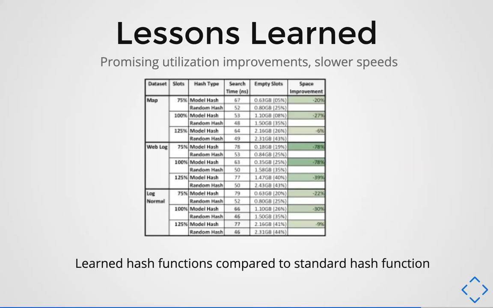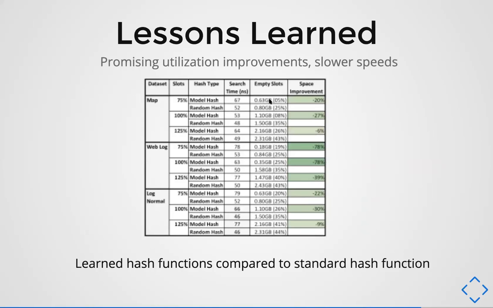And when they performed the second kind of thing, where the machine learning model replaces a hash function, but both use the same underlying hash table implementation, just with a different hash function, one that's a machine learning model and one that's a classic random hash, they found that you can significantly reduce the amount of wasted space, significantly reduce the amount of empty slots.